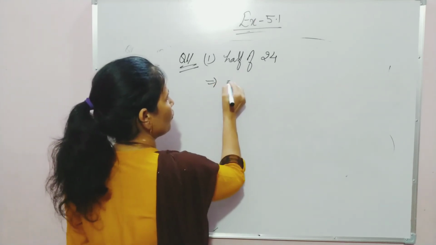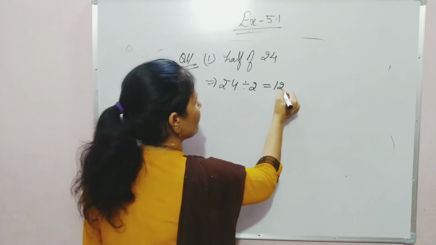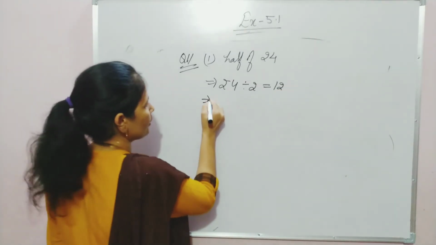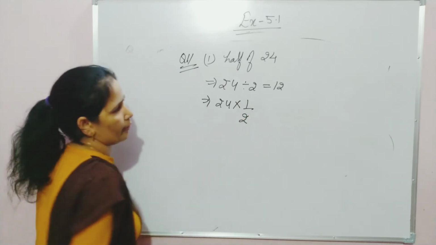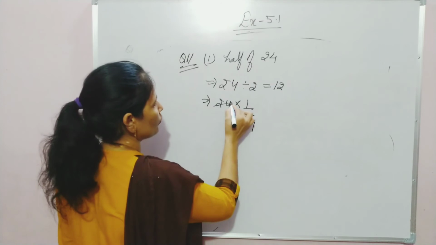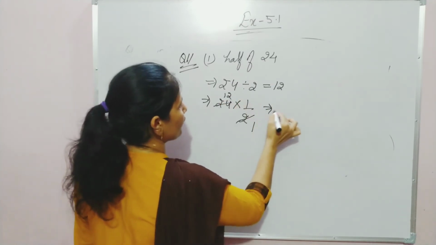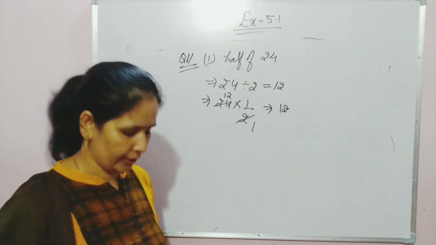So 24 divided by 2, then we get 12. And in the form of a fraction, how do we write? 24 multiplied by half. Then 2 1s are 2, then 12, and half of 24 is 12. 12 1s are 12, 12 2s are 24.